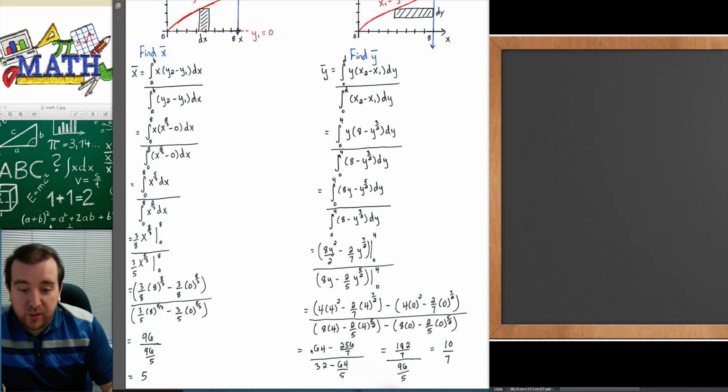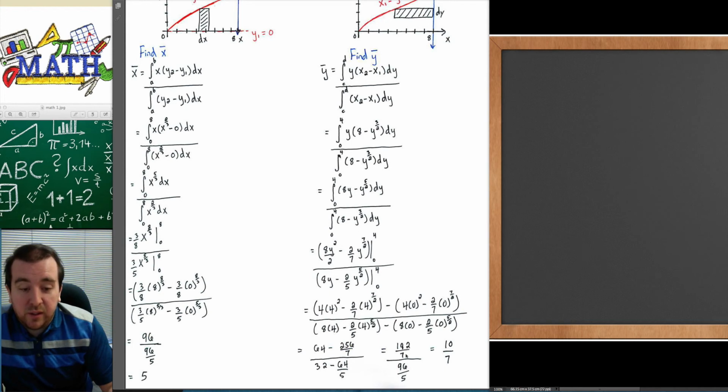Multiply 64 by 7, put it all over 7, and then once you do the subtraction here, you'll get 192/7 on the top. And then the bottom, you get 8 times 4, 32, take away the square root of 4, again, which is 2, raised to the 5, so that's 32, times 2 is 64, divided by 5 here. Again, a little bit of fraction subtraction. If you do that, you'll get 96/5.